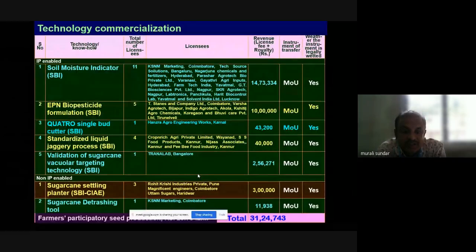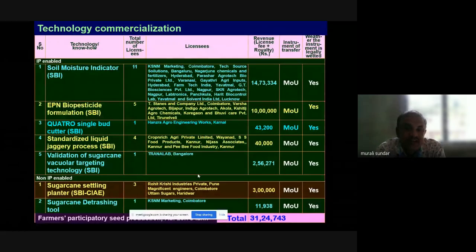They bought it and are going to produce it for commercial sale. In the market, we could see that most crops need this EPN biopesticide formulation. So this technology can be licensed, or training can be given to needy people and young entrepreneurs, and they can buy it and produce it.